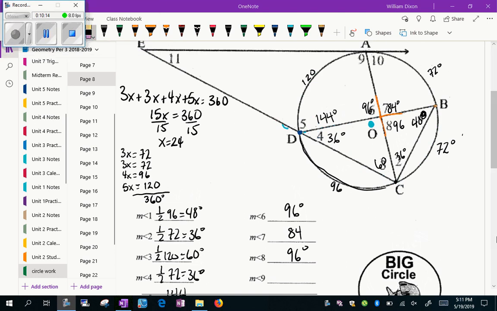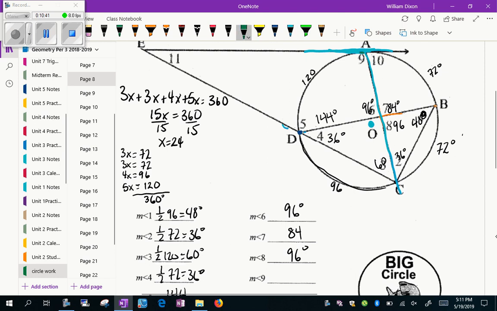All right, so we're up to angle 9. And let's take a look at this one. This one's a little different. So angle 9 is formed by, all right, this line and the other one. So it's formed by a chord and a secant. All right, if you think about it, in turn, it's going to be where? It's going to be here.